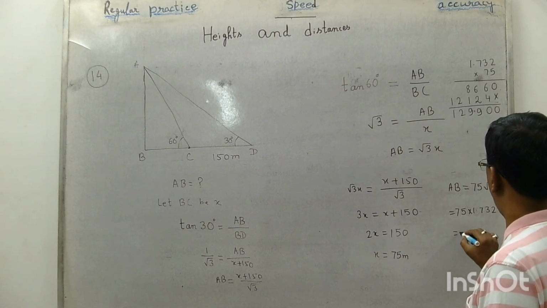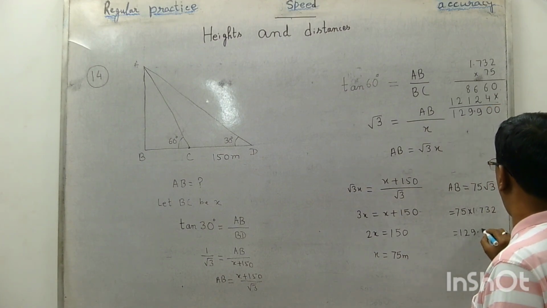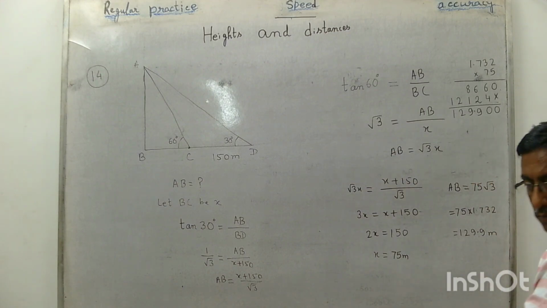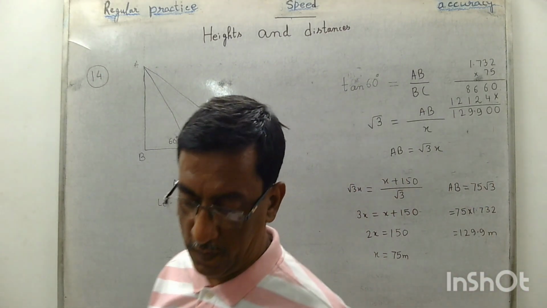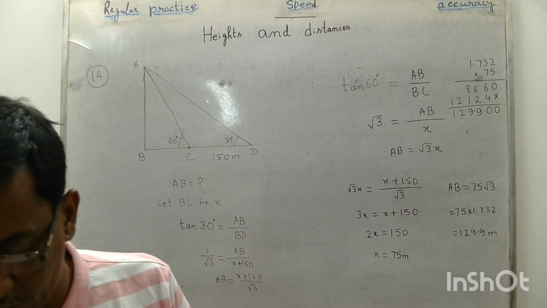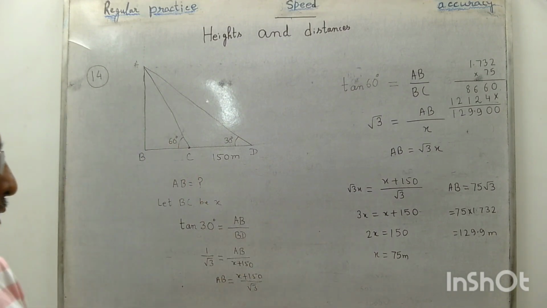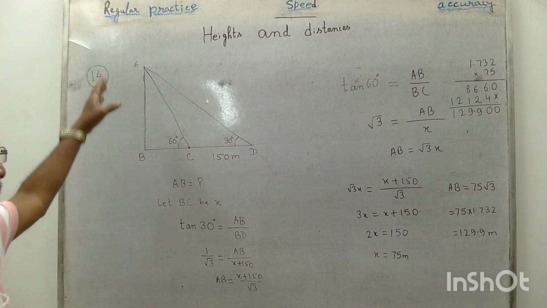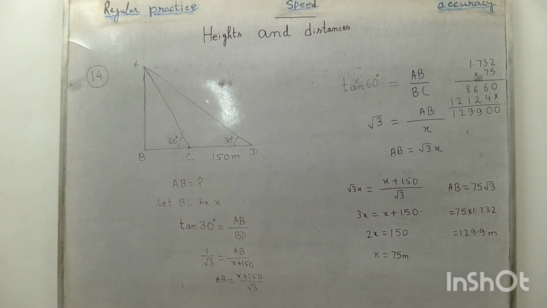So it is 129.9 meter. Now the question has been written that show that the height of the tower is 129.9 meter. AB is the tower and I have found the value of AB which is 129.9 meter.